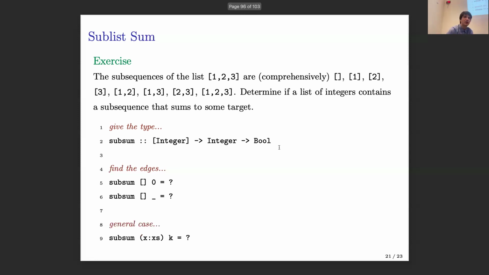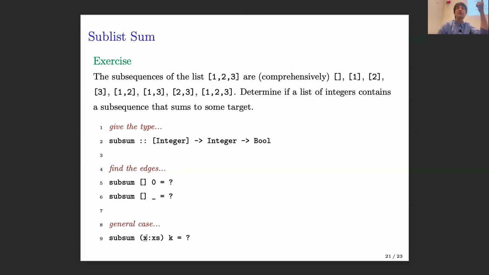General case, okay? x cons xs, and k. So how do I solve the general case? Assume that you can answer this question already for the tail. How do we reconstruct the answer here? The way that you have to think about this is, are we going to use this x or not?